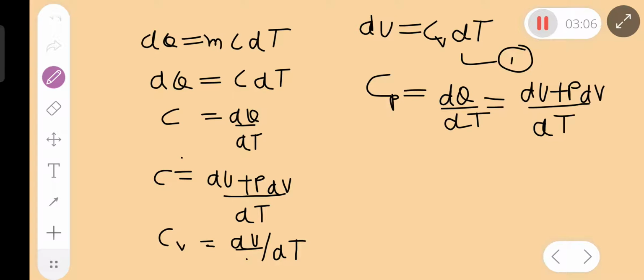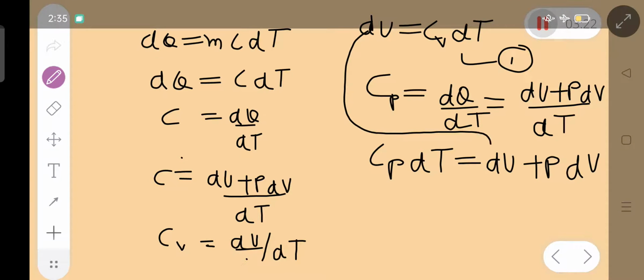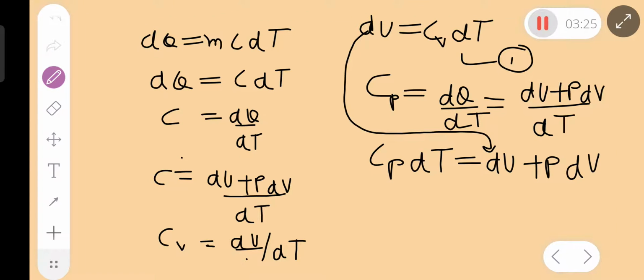So cross multiplying, we will get Cp dt is equal to du plus p dv. From equation number 1, we know du is equal to Cv dt.